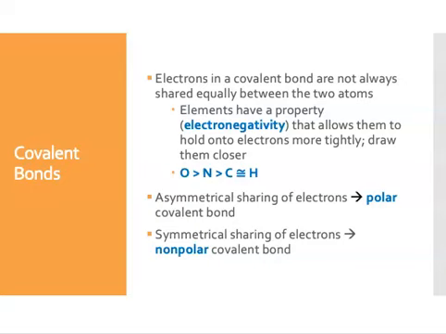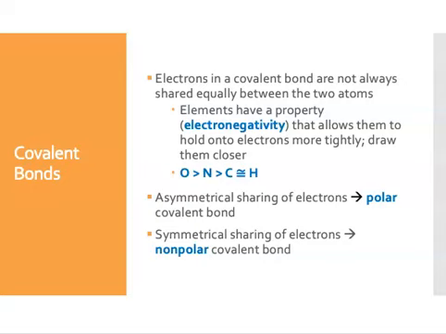A covalent bond is defined as a pair of electrons that is being shared between two atoms. The electrons in a covalent bond are not always shared equally, however, and that's because of a property called electronegativity.